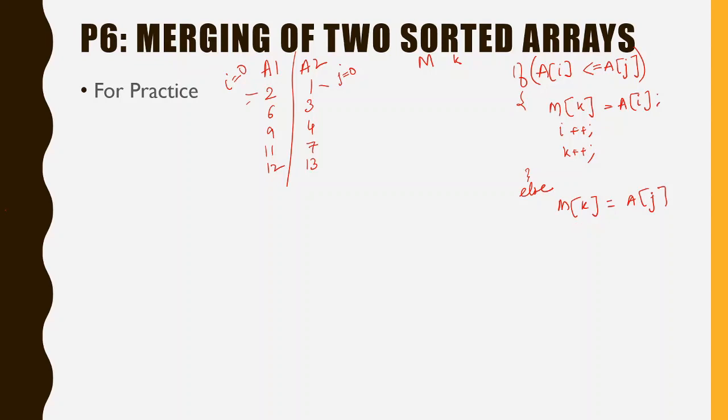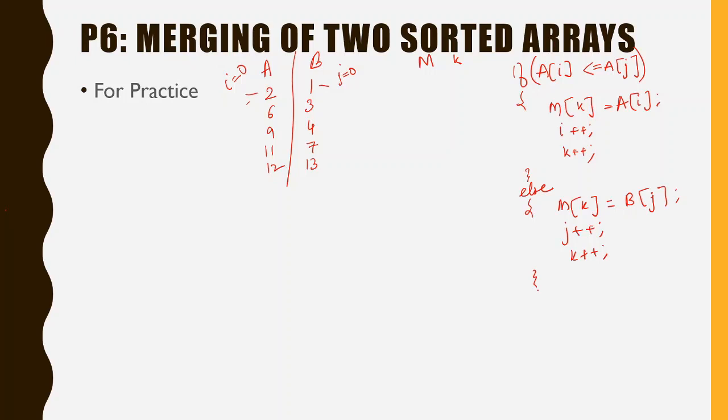Here you have taken the element from b, so this would be bj. Then you have to increment j plus plus and k plus plus. So this is the logic that you can follow.